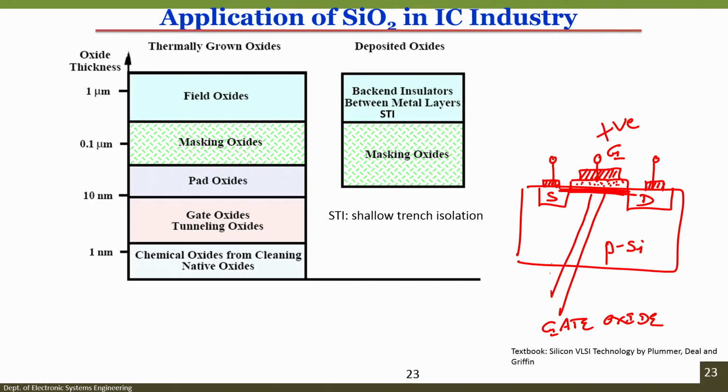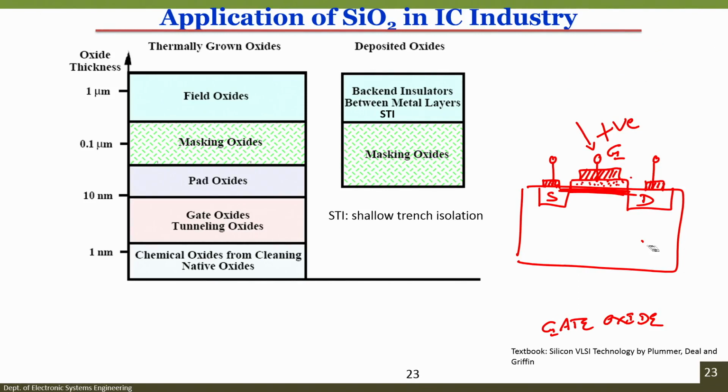This channel is conductive, the gate is also conductive, and in between there is silicon dioxide, an insulating material. That means you have two conducting plates separated by an insulating material, and that becomes your capacitor. Anyway, that is the detail of how the MOSFET works.